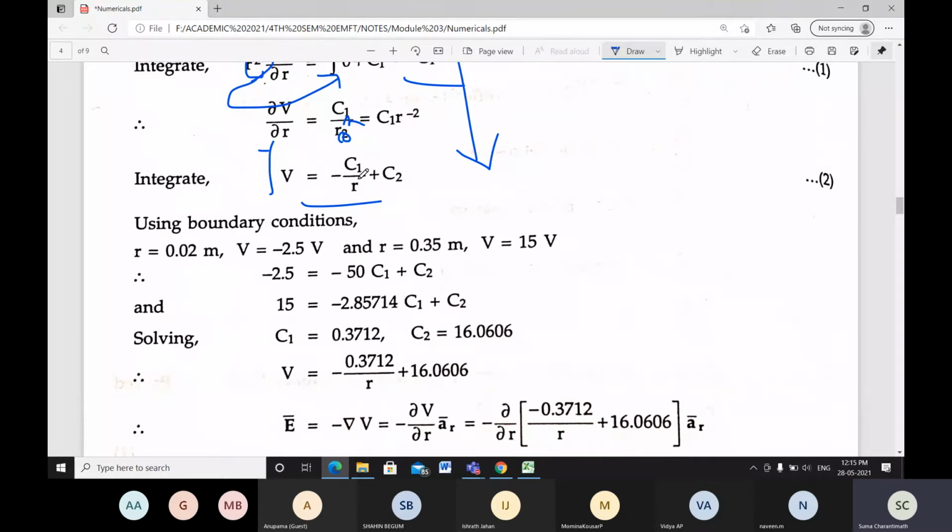If we substitute, 1 by 0.02 is going to be minus 50 c1 plus c2. Then at V equal to 15, substituting r as 0.35 and calculating, you will get minus 2.85741 c1 plus c2.